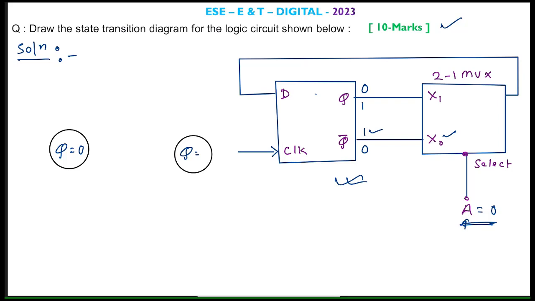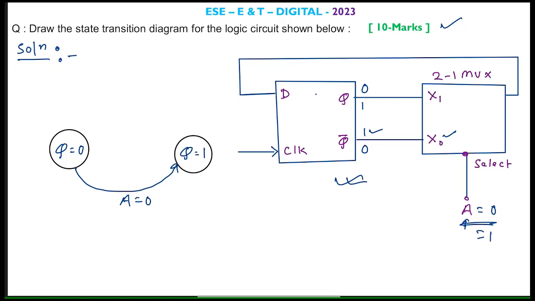This input 1 will pass through the output of the mux and change the output of the D flip-flop. Initially it was 0, now it will transit to 1. So if the control signal A is 0, the Q output will be forced to 1.